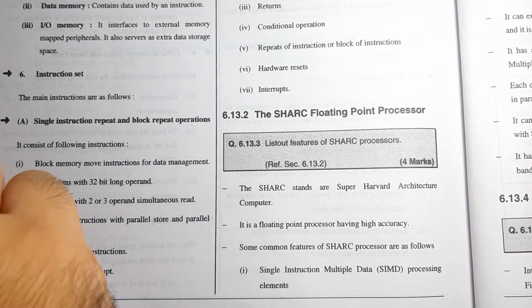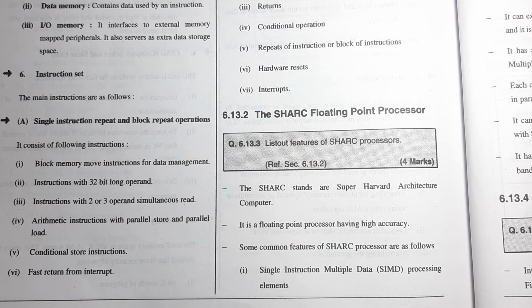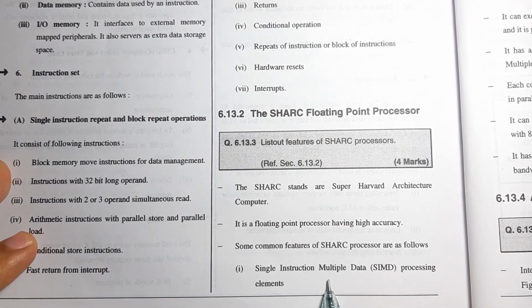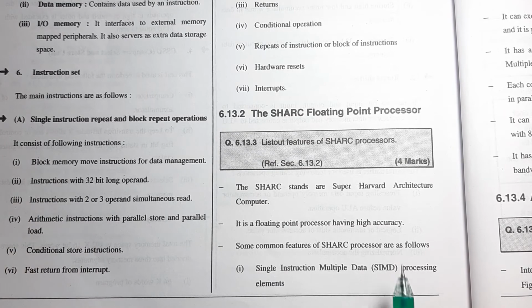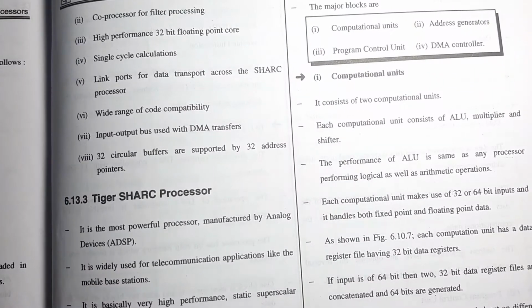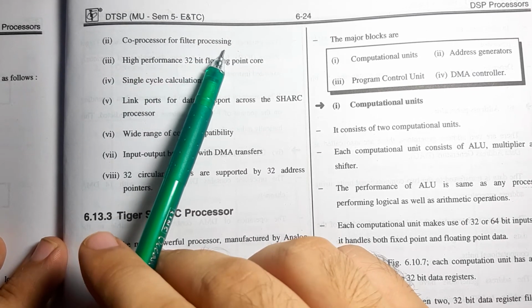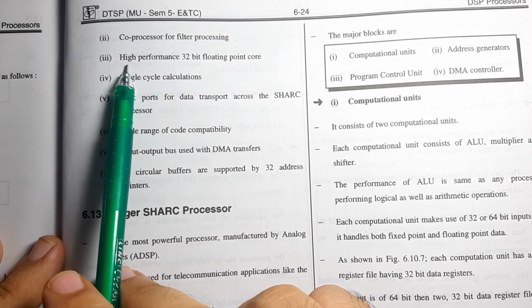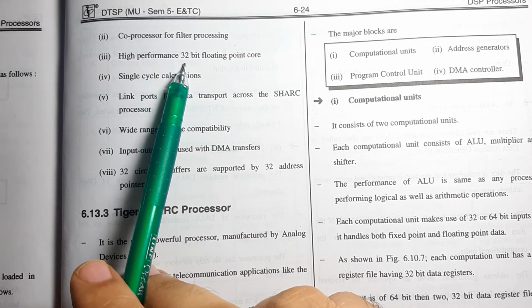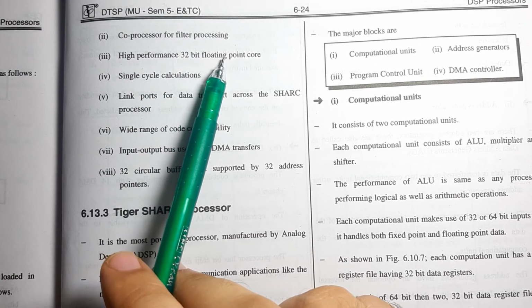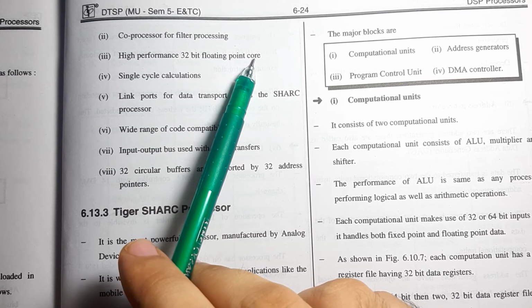Then some common features of SHARC processors are as follows. First one is single instruction multiple data or SIMD processing elements. Then we have a coprocessor for your filter processing. Then we have your high performance 32-bit floating point core over here.